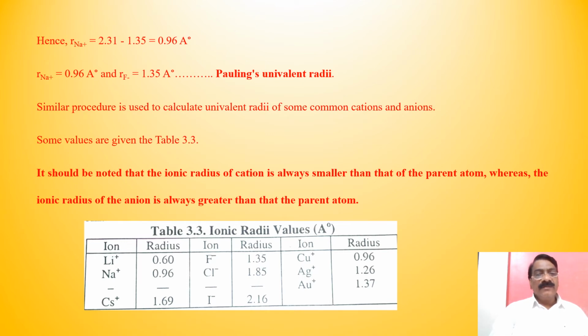Li plus 0.60 angstrom unit, Na plus 0.96 angstrom unit, Cs plus 1.69, F minus 1.35 angstrom unit, Cl minus 1.85 angstrom unit, I minus 2.16 angstrom unit, Cu plus 0.96 angstrom unit, Ag plus 1.26 angstrom unit, Au plus 1.36 angstrom unit. Thus we have these values of ionic radii for these ions.